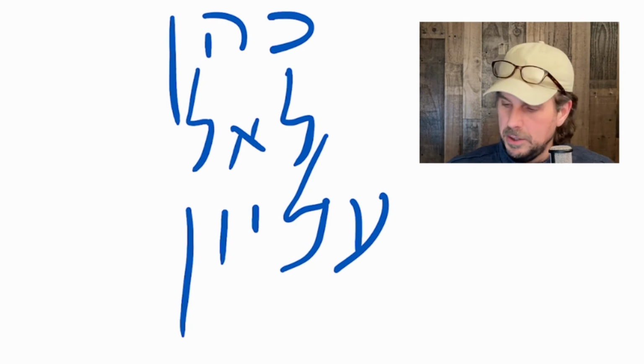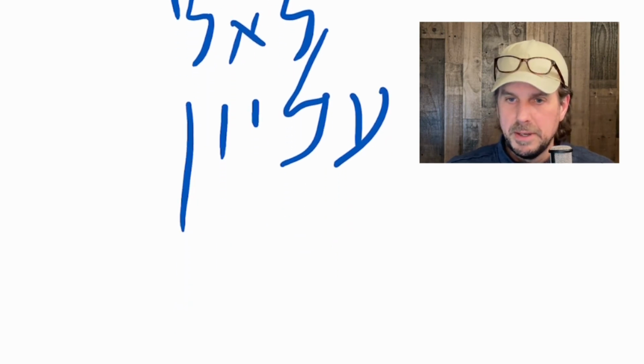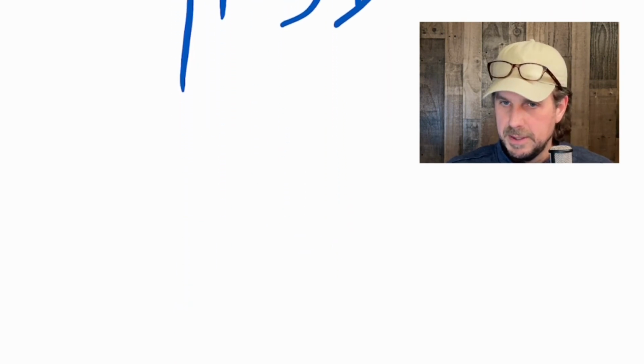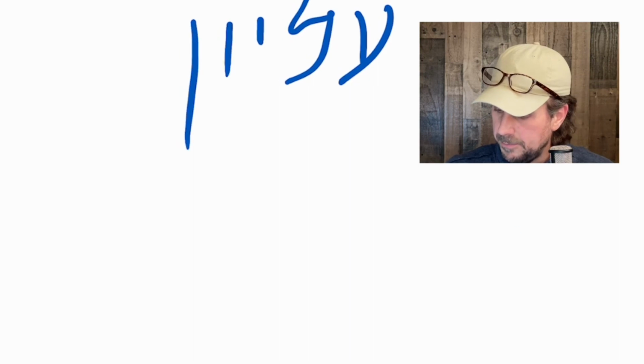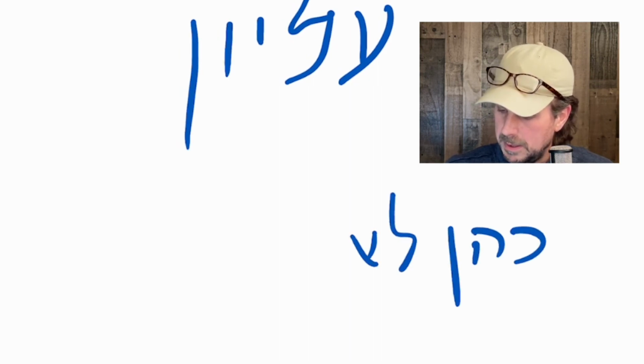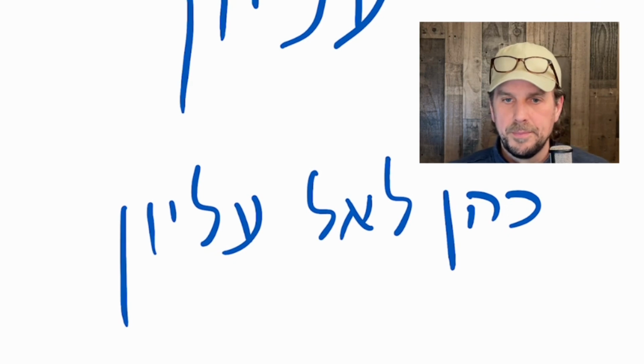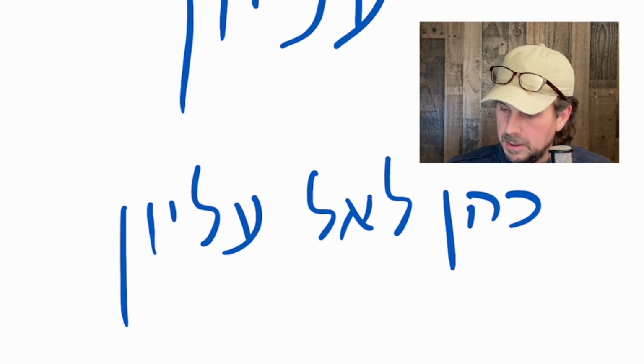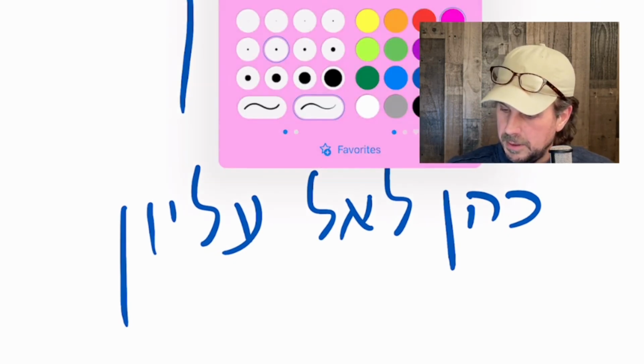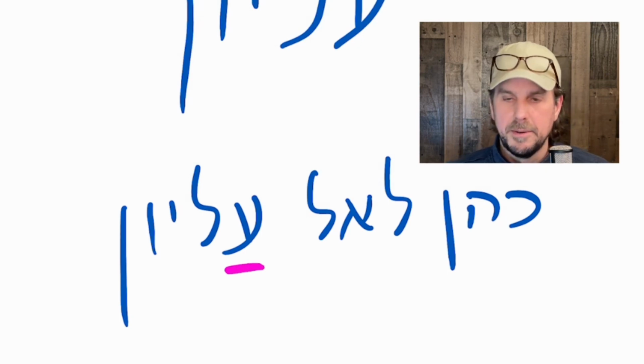Kohen Le'el Elyon. I think I'll do a better job if I try to write it all on the same line. Let's try that. Kohen Le'el Elyon. There you go.